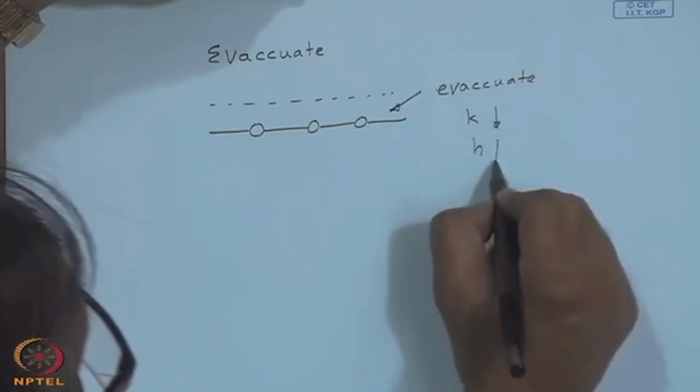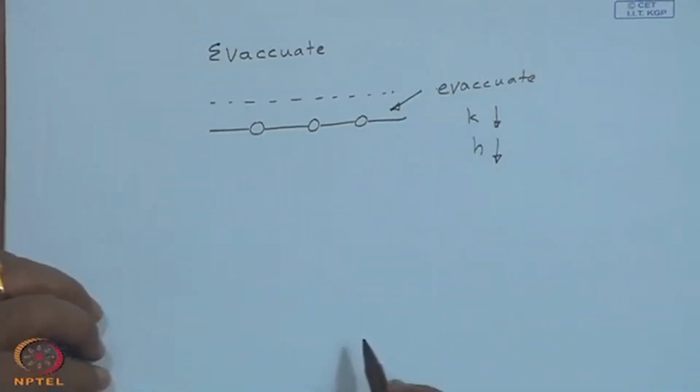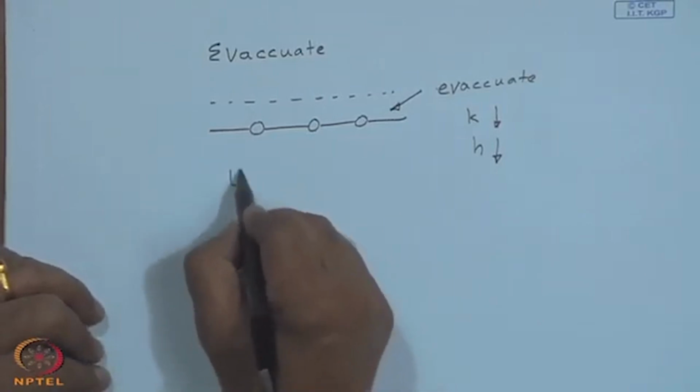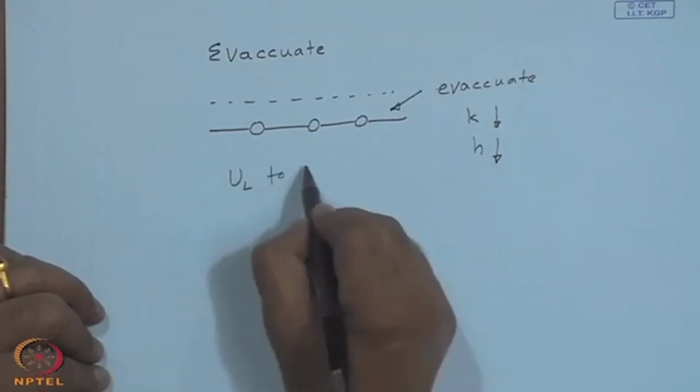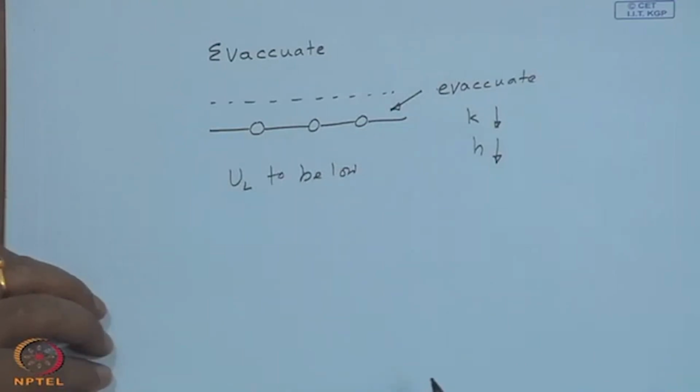So, the convective heat transfer coefficient is low, your heat loss will be low, thereby achieving UL to be low. So, this is one method.